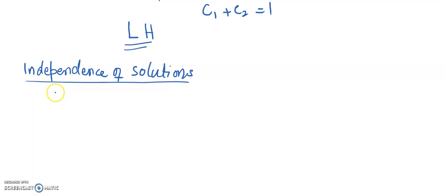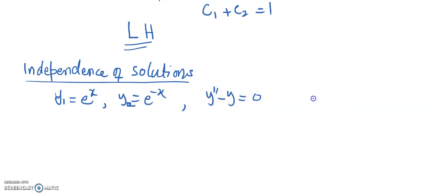If one solution is e power x, the other solution is e power minus x, and the differential equation is y double prime minus y is equal to 0. So we can verify that these are the solutions of this differential equation.